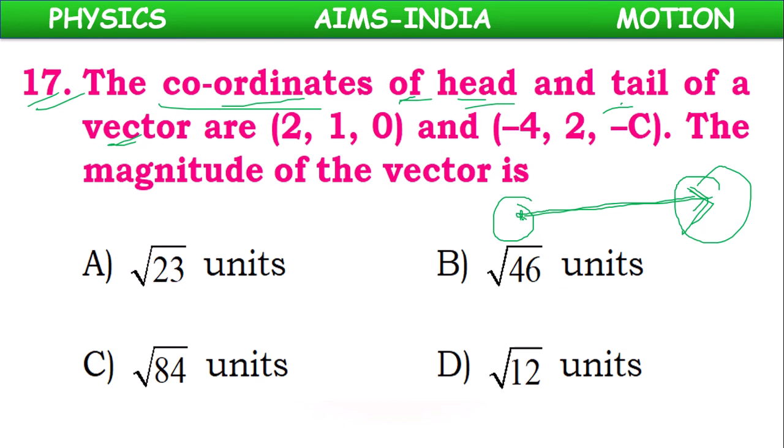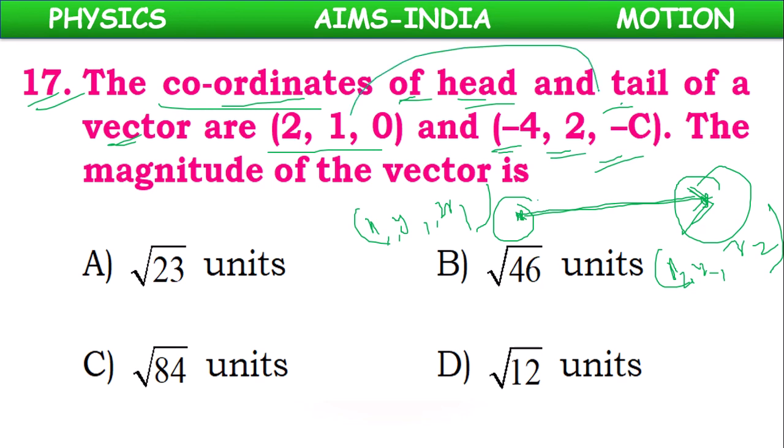The tail part will have some coordinates, and the head part will have some coordinates. Suppose x1, y1, z1 are the coordinates of the tail, and x2, y2, z2 are the coordinates of the head portion. The coordinates of head and tail are 2, 1, 0 and -4, -2, -c.